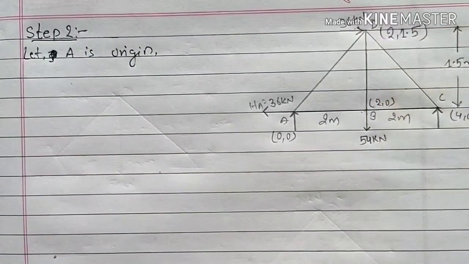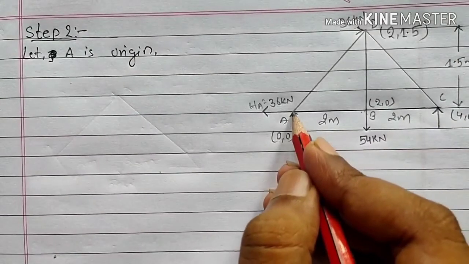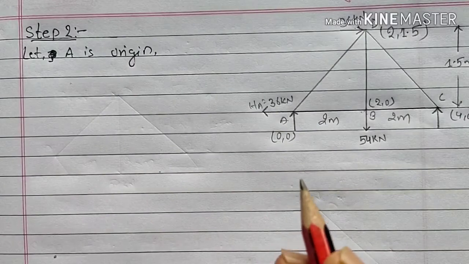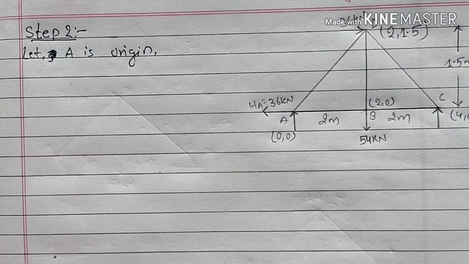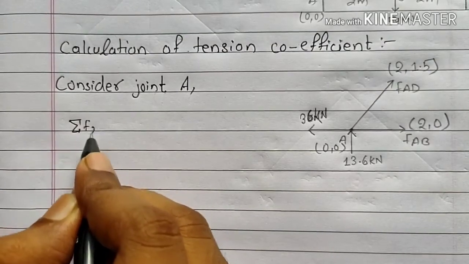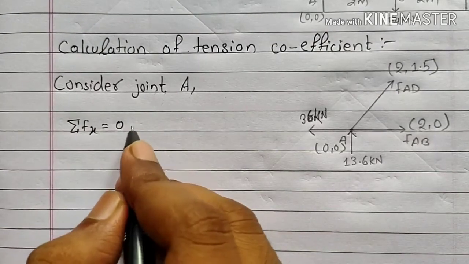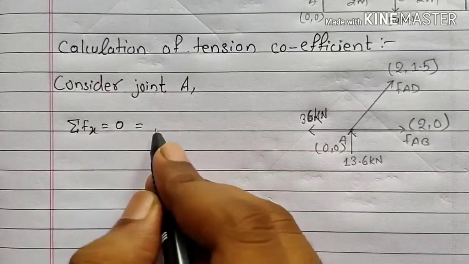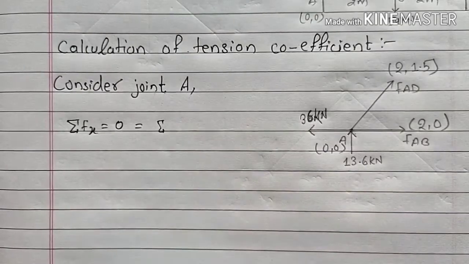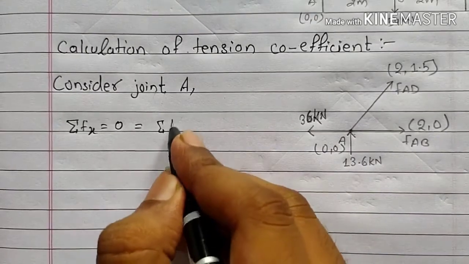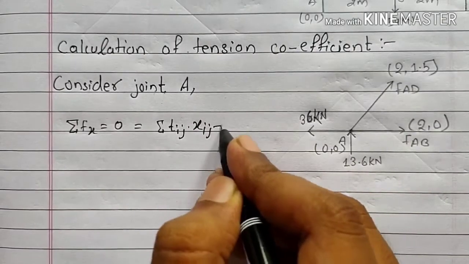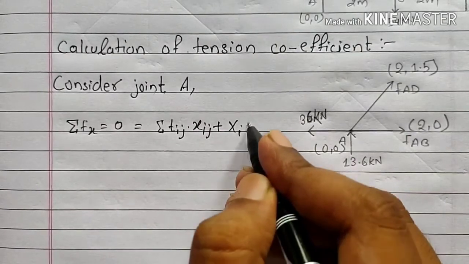Now let's begin the solution, and let's first consider the joint A, and let's draw its free body diagram and solve the numerical. So let us first apply summation Fx equals 0, and I show you that summation Fx will be equal to summation Tij into xij plus external force xi equals 0.